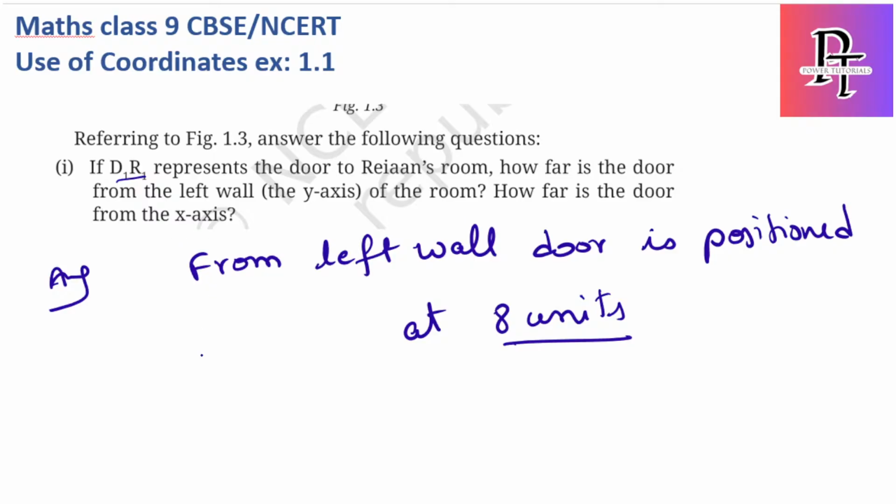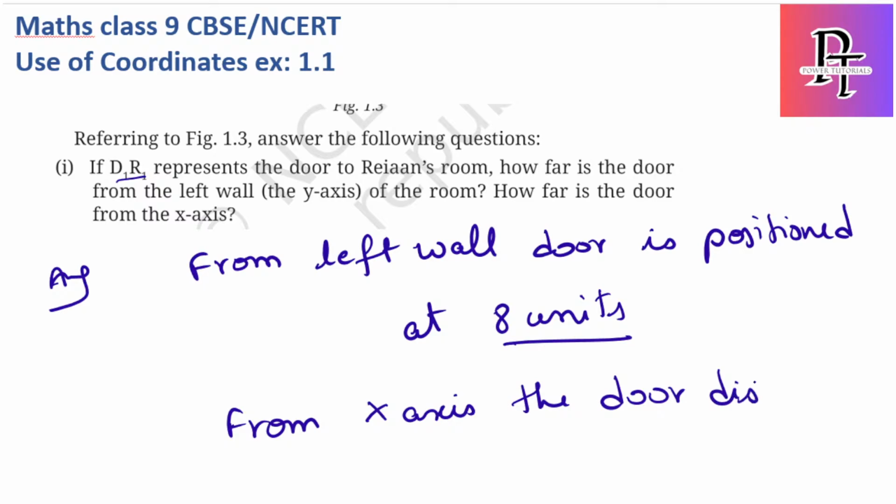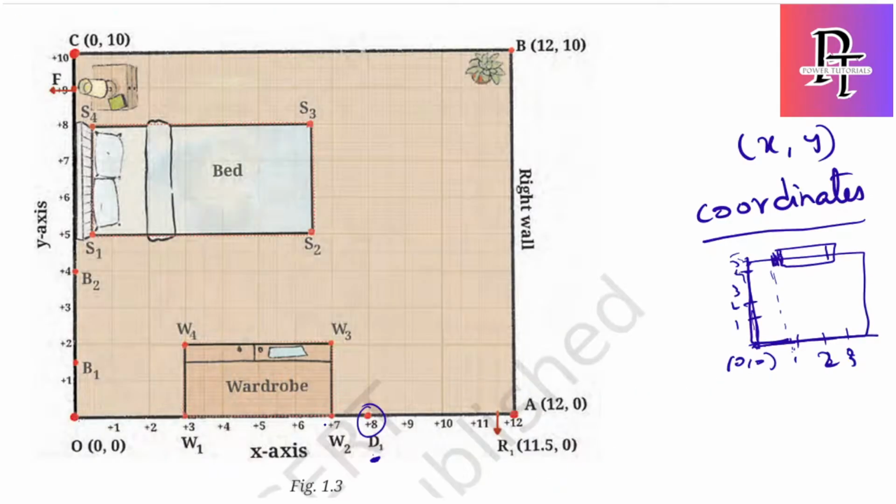What about how far is the door from the x-axis? From the x-axis, the door distance is 0 units. Why is it 0? Because the door itself is on the x-axis.